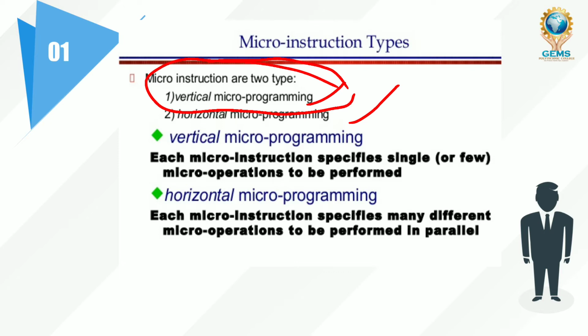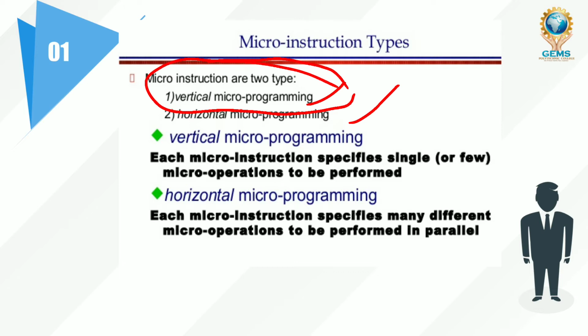In vertical microprogramming, each micro instruction specifies a single or a few micro operations to be performed. But in horizontal microprogramming, each micro instruction specifies many different micro operations to be performed in parallel.